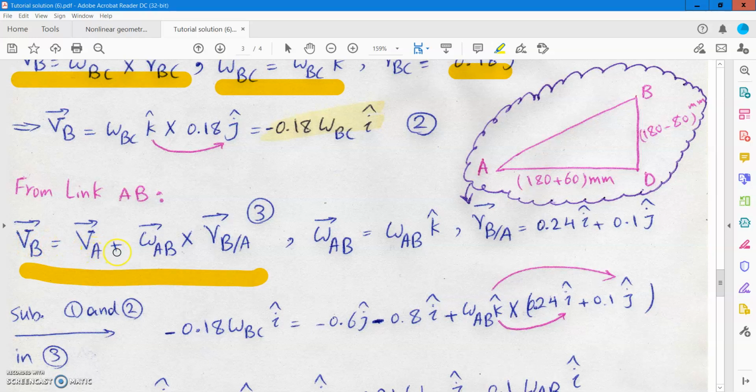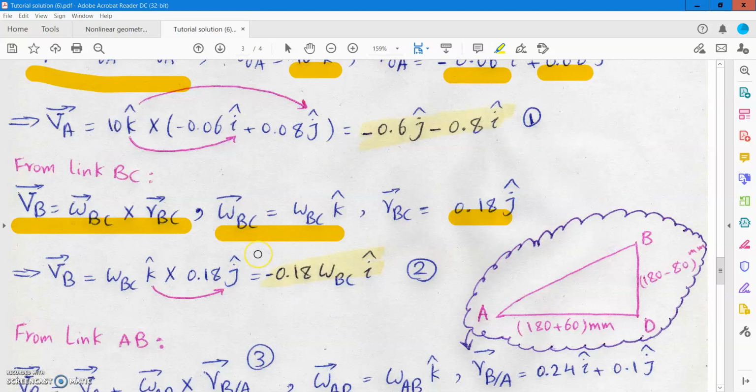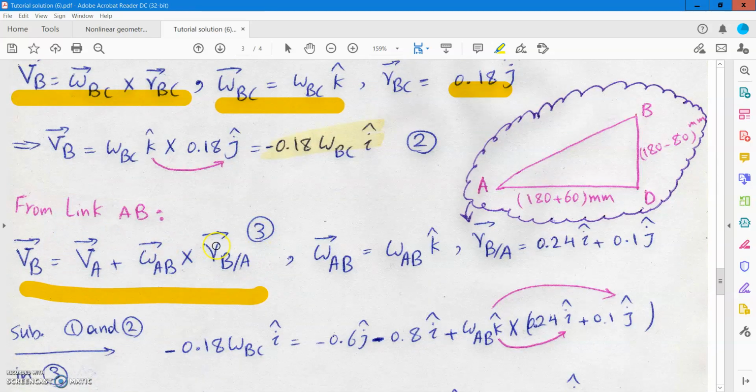And finally, in the link AB, you can write the velocity of B as the velocity of A plus omega AB cross RB with respect to A. Here you can use a translational coordinate system.